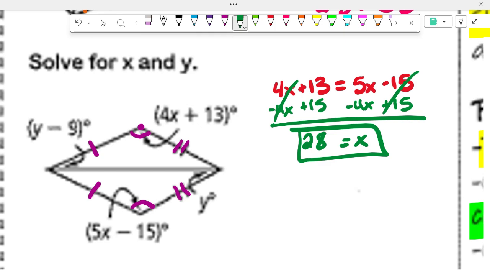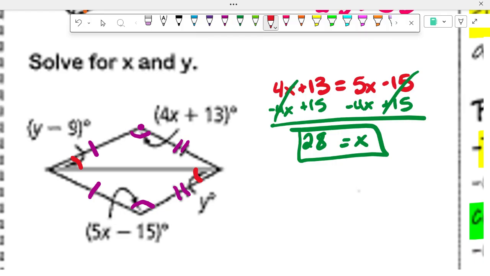Now, these two angles. All right. What's kind of the relationship there? Yeah, they are alternate interior. All right.